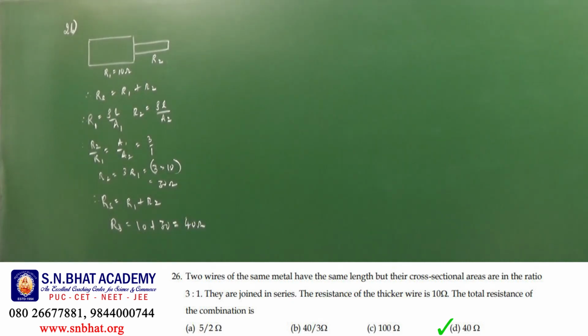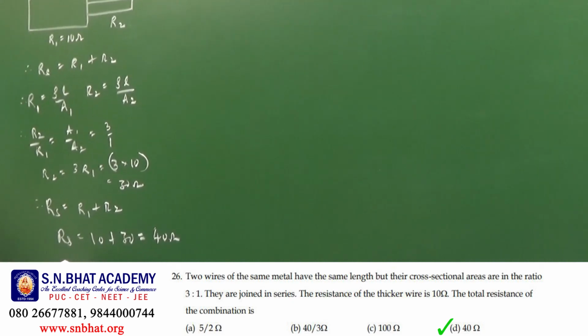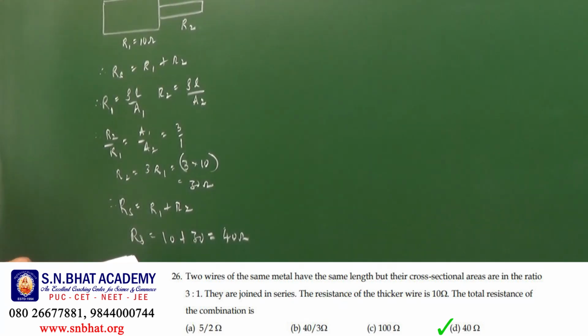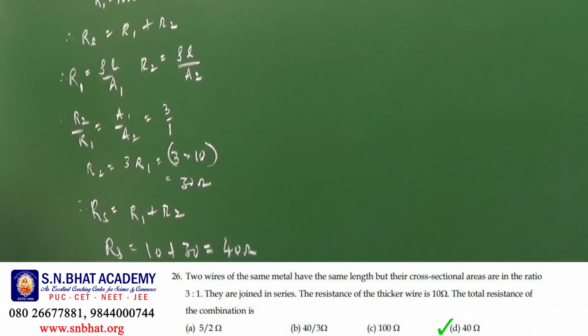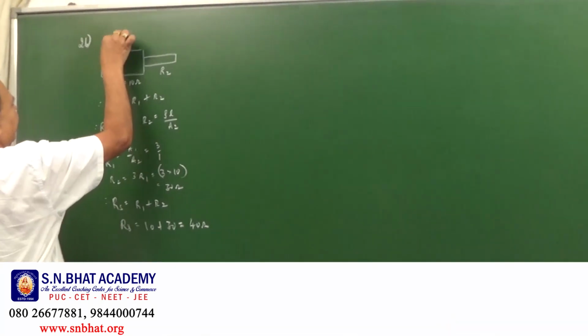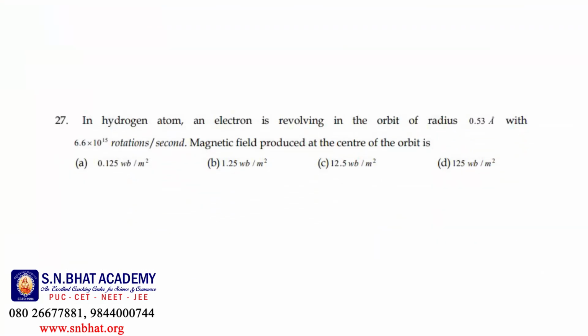You should always know this. Therefore the alternative for this is 40 ohms, and you search for it among the various alternatives given, therefore the answer is D.